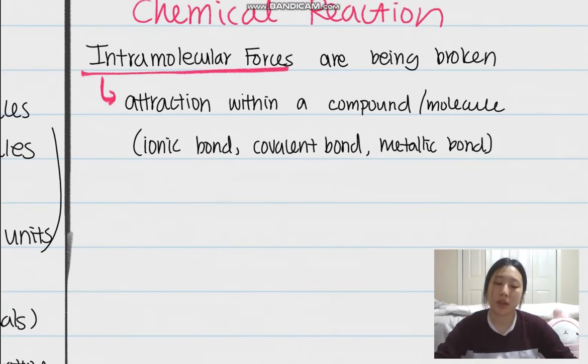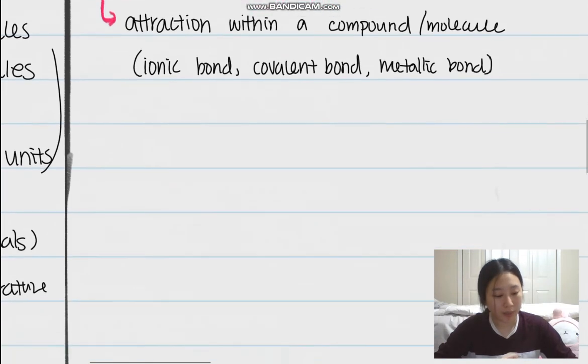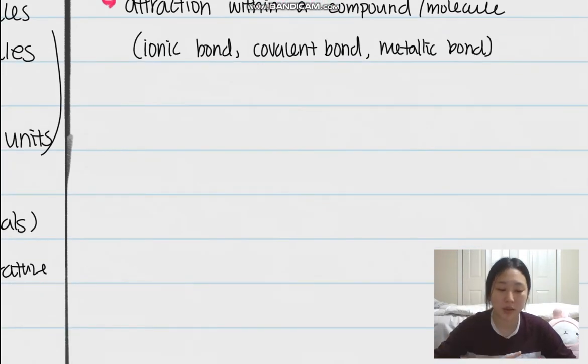Alright, so for chemical reaction, there will be just one graph that you will be responsible to know. This is called a reaction diagram or enthalpy diagram. I think you watched a video about this in the very first day of thermochemistry, but I am going to write what it is.